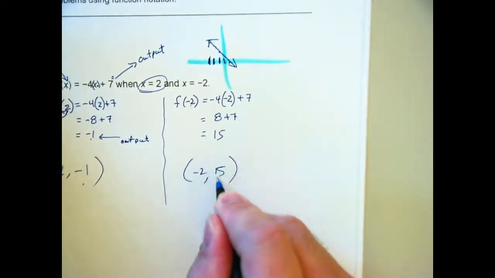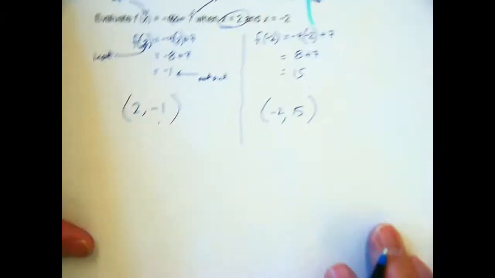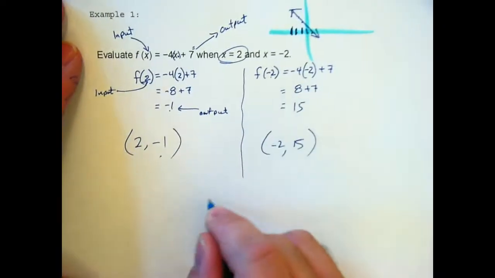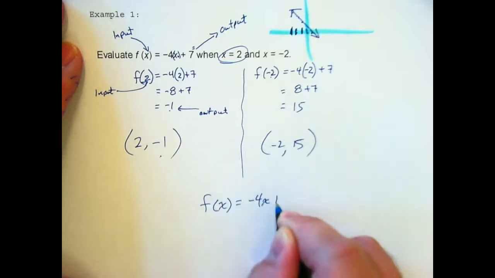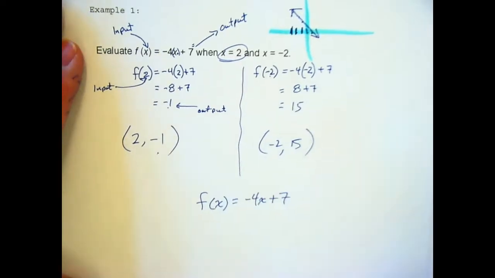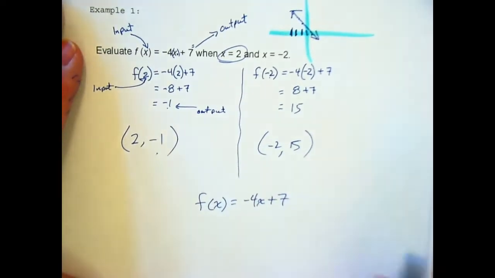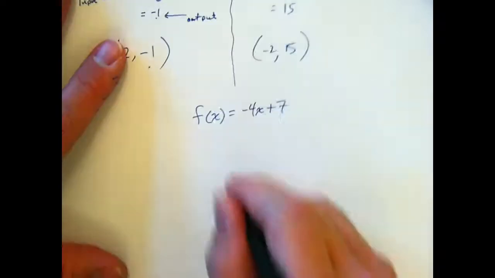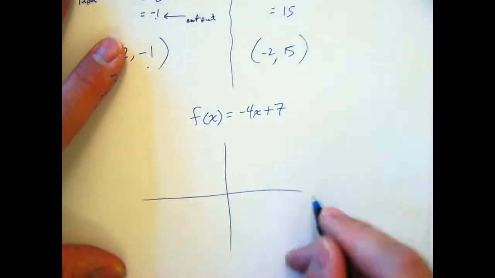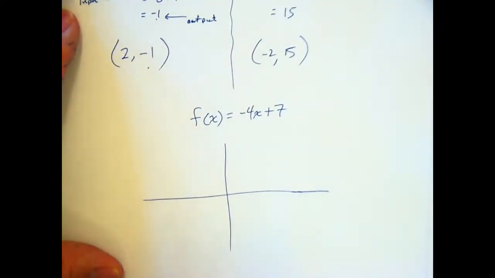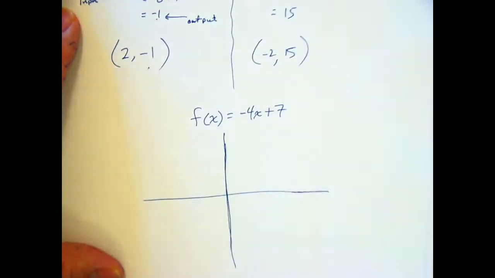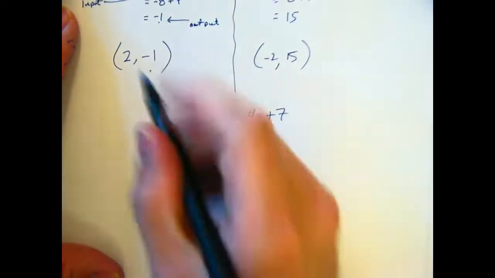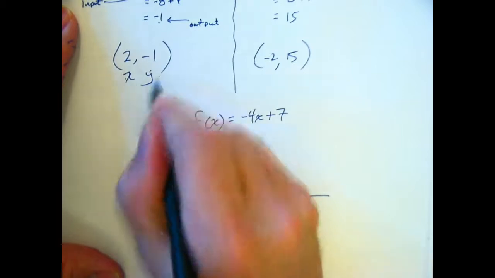Negative 2, 15. So, guys, if I want to graph the line f of x equals negative 4x plus 7, how many points do you need to make a line? At least 2, right? 3 would probably be better. If I have this grid, and my xy axis, here's x, here's y, here's an input, here's an output.